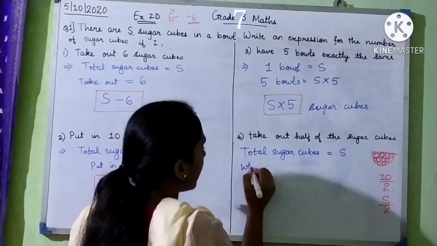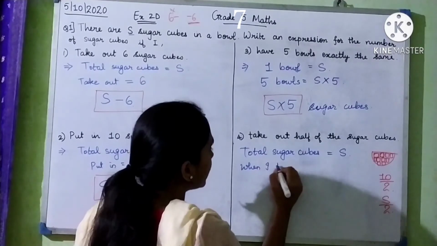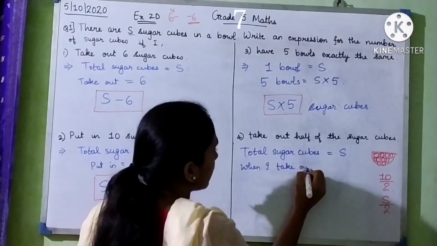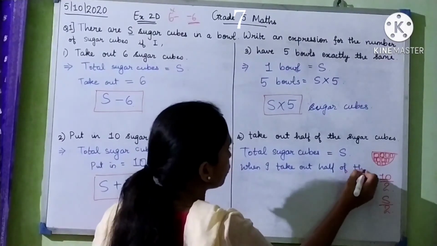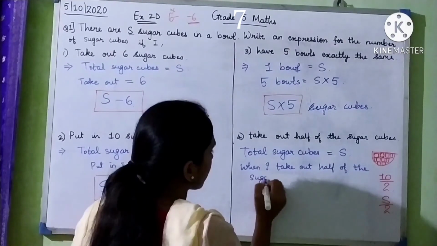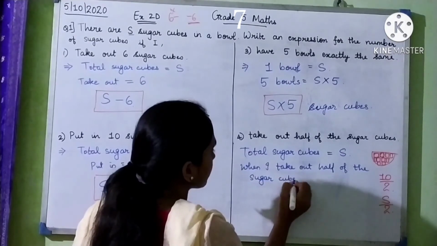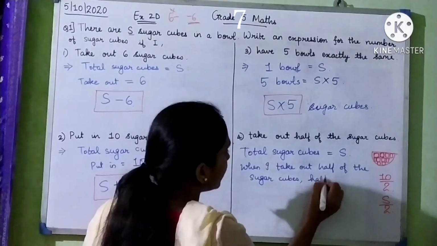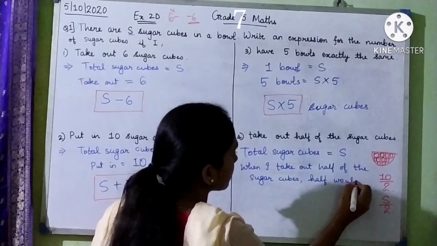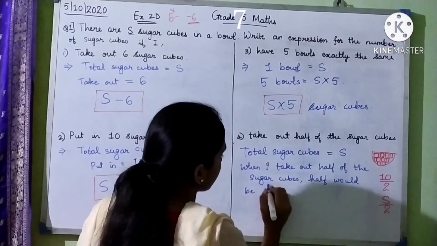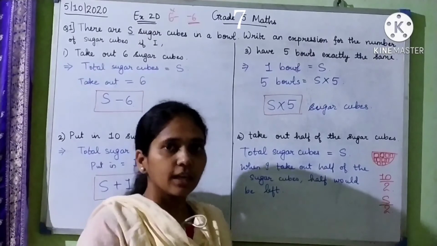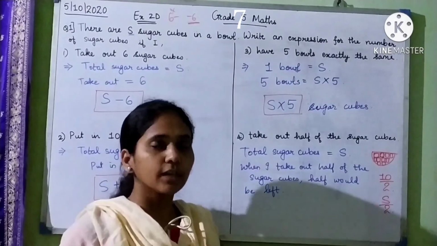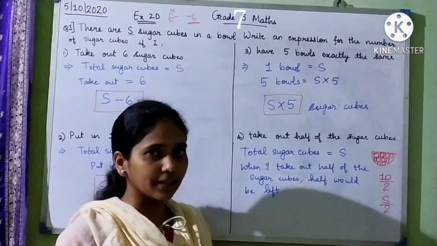Now, when I take out half of the sugar cubes, half would still be left, right? If there are, suppose, 10 in total, if I take half of it out, half will still be remaining in that bowl.